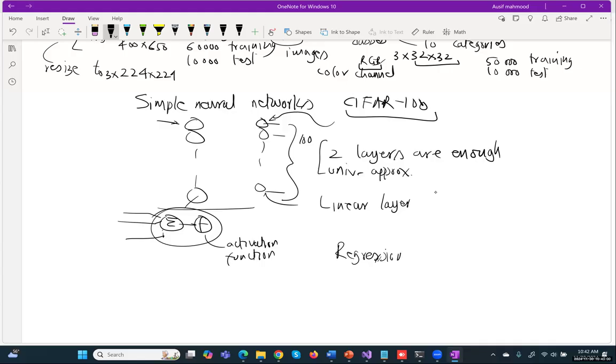For a regression problem, okay, my question is, how many neurons would you put in the output layer?